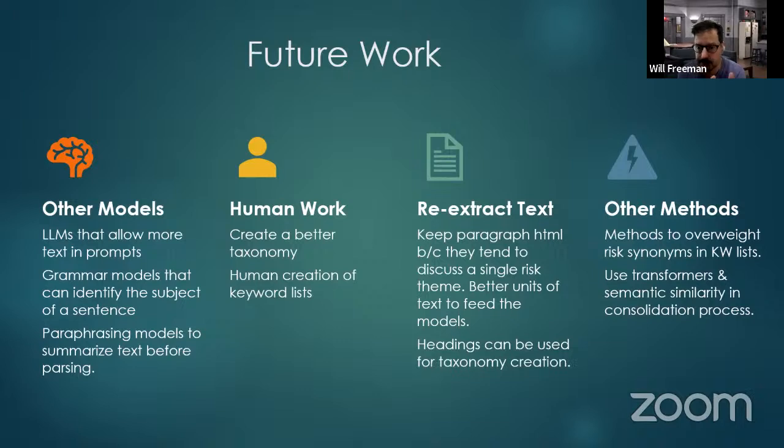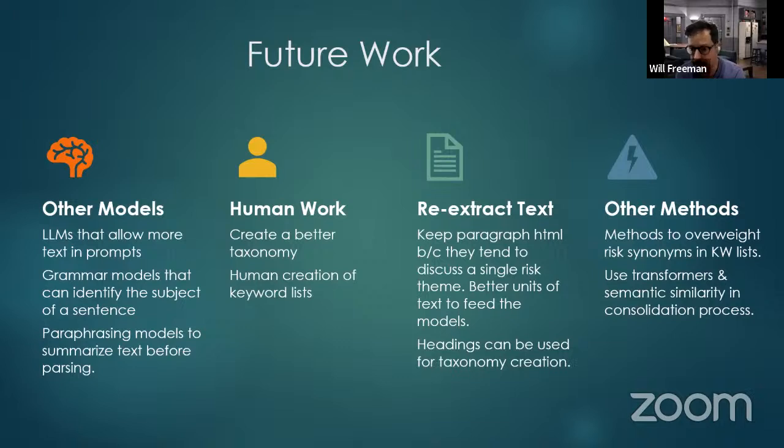So instead of just picking 100 words, I could say, no, paragraph by paragraph is how I want to chunk it. Those paragraphs would tend to talk about one risk, and that would have been very useful. Unfortunately, re-extracting the entire thing was actually somebody else's cornerstone project in the first place, to just extract this stuff.